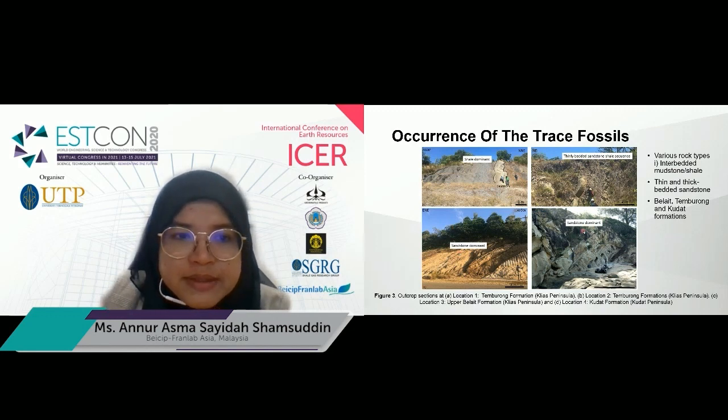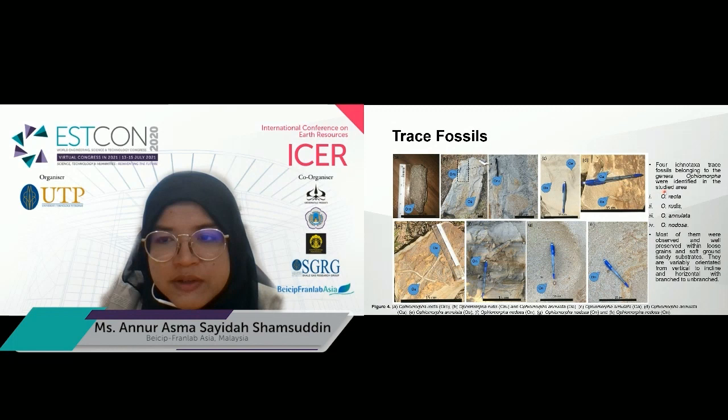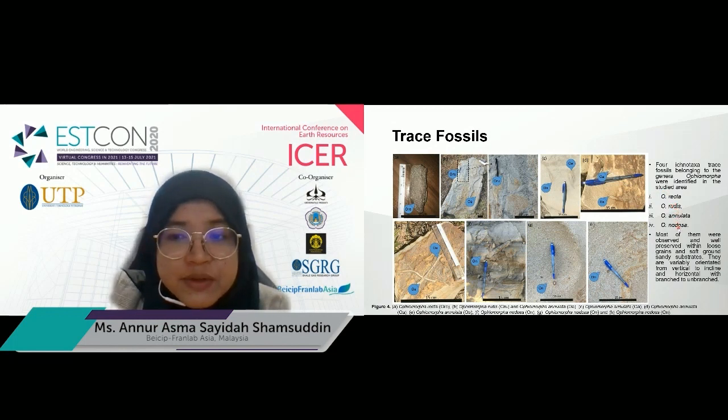So basically, to note that in our study, we identified four ichnotaxa of trace fossil belonging to the genus Ophiomorpha, known as Ophiomorpha recta, Ophiomorpha rudis, Ophiomorpha annulata, and also Ophiomorpha nodosa.